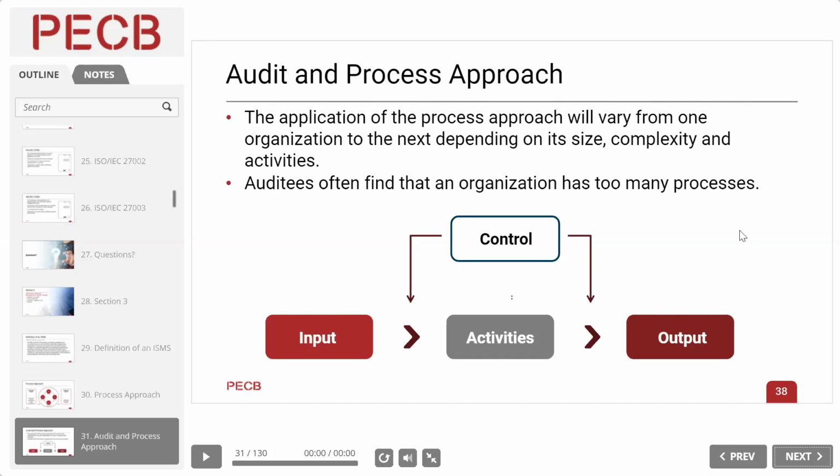So this is quite important, the process approach, because everything that we do in an organization is done as a result of a process, and the maturity of an organization is determined by the nature and how the processes are underlined.